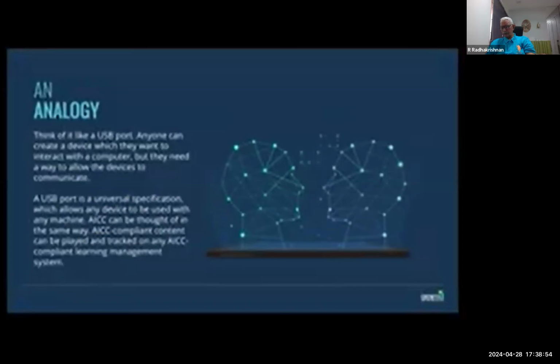Anyone can create a device which they want to interact with a computer, but they need to allow that device to basically communicate out. That's really the way AICC worked. So it's a specification that the content needs to have and also the actual learning platform itself. So both of those need to be compliant in order for the report to spew out of the other end.